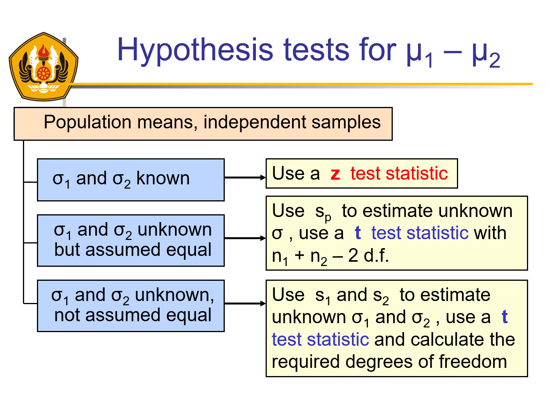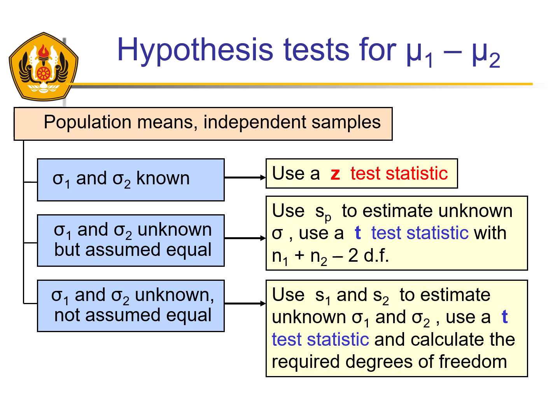So if we deal with the first assumption, which is sigma 1 and sigma 2 known, for independent samples, we are going to use the z test statistic. If we do not know sigma 1 and sigma 2, and they are assumed to be equal, we can use the t-test statistic with degrees of freedom n1 plus n2 minus 2.